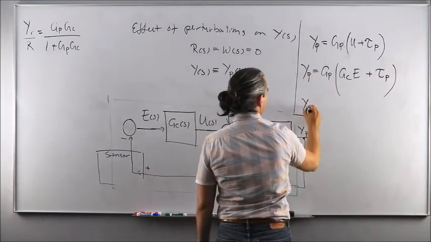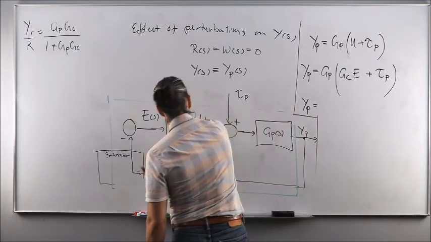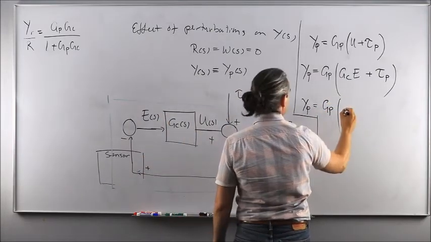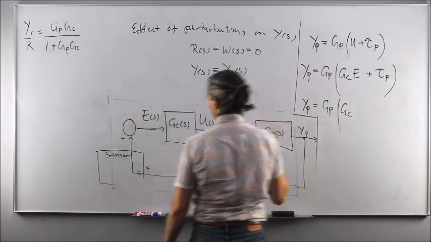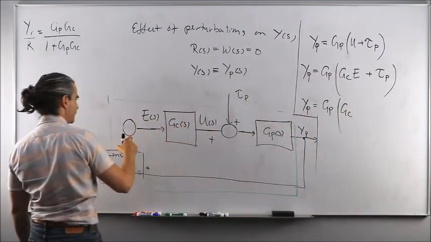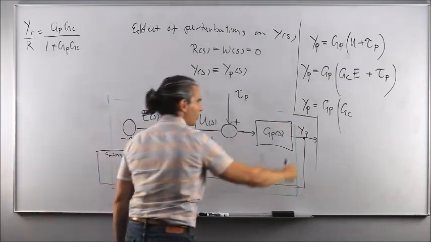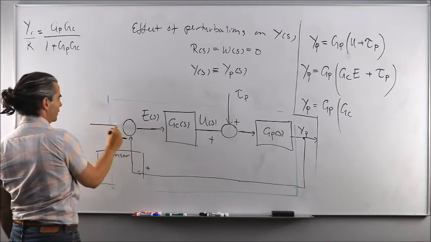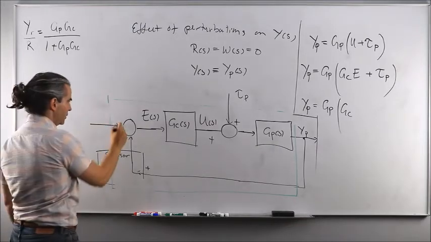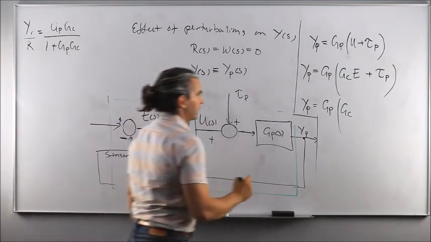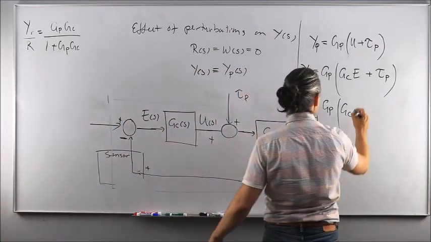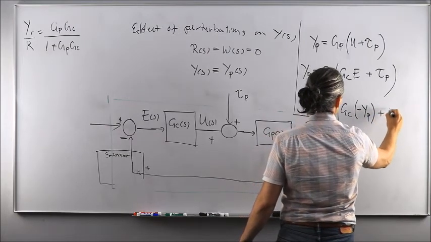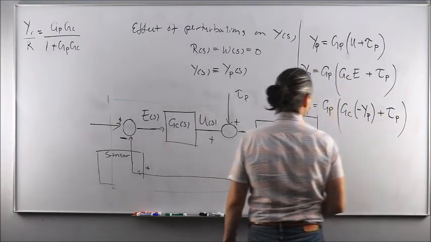Okay, I can go further and then close the loop here by writing that gp then multiplies gc, and the error is simply minus yp, right? The minus sign is still there. We didn't take that out. All we took out was the reference coming in, with the plus here. I'm going to say that the error is simply minus yp plus tau p.